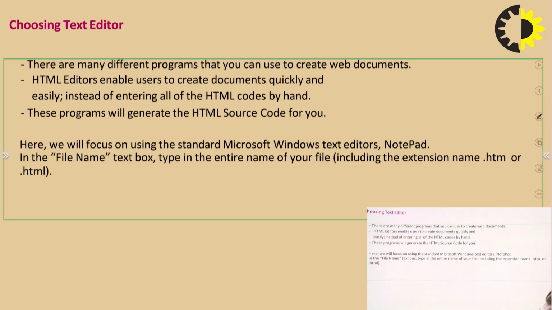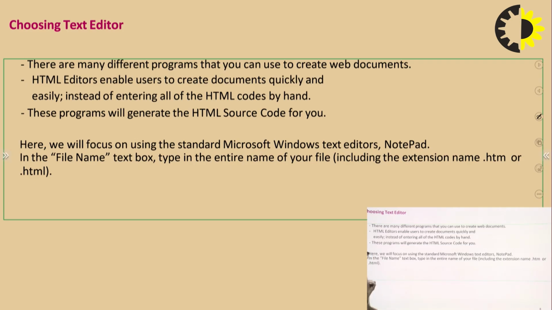Next, choosing a text editor. I have already told you we can choose any text editor where we can write HTML programming. HTML editors enable users to create documents quickly and easily instead of entering all the HTML code by hand. These programs will generate the HTML source code for you.